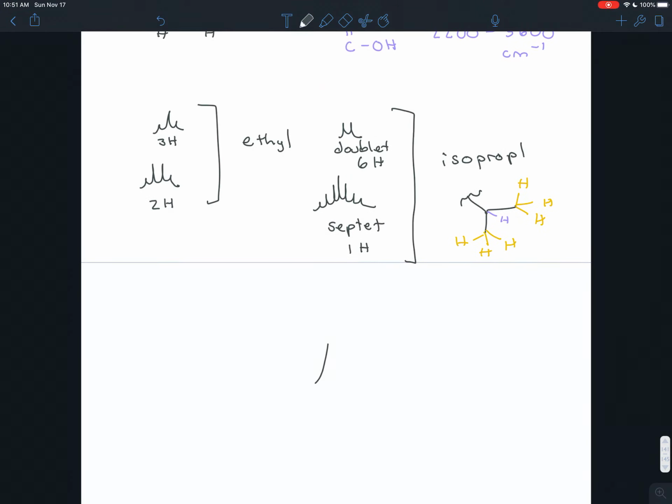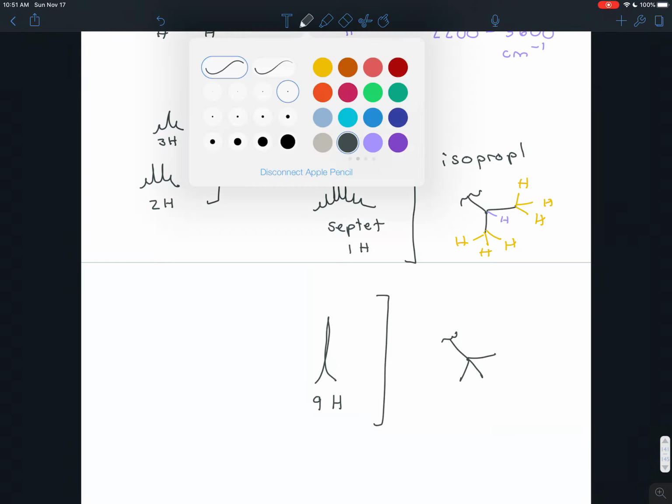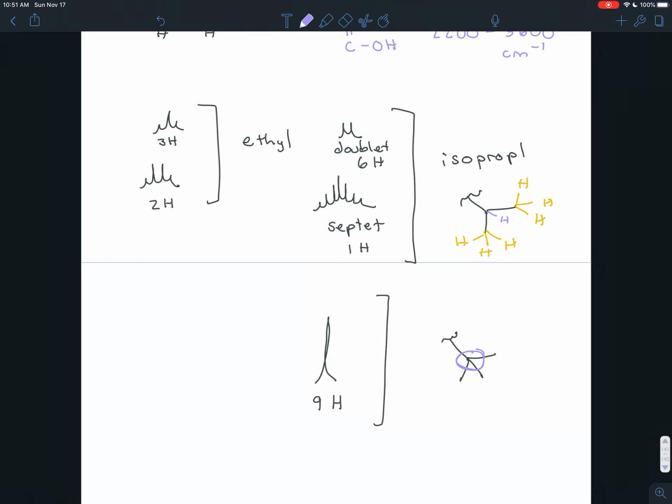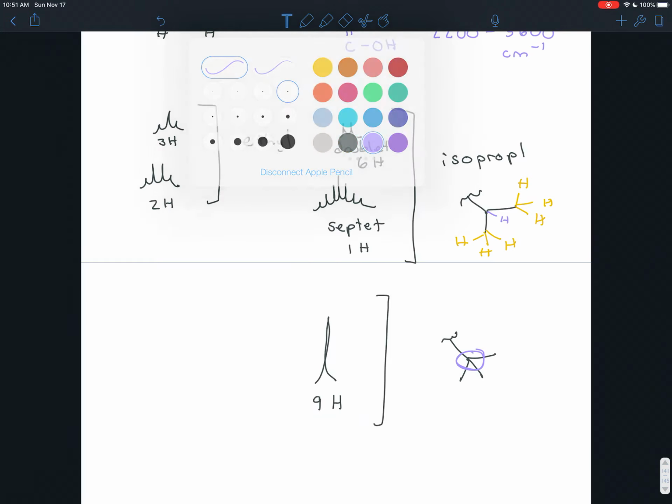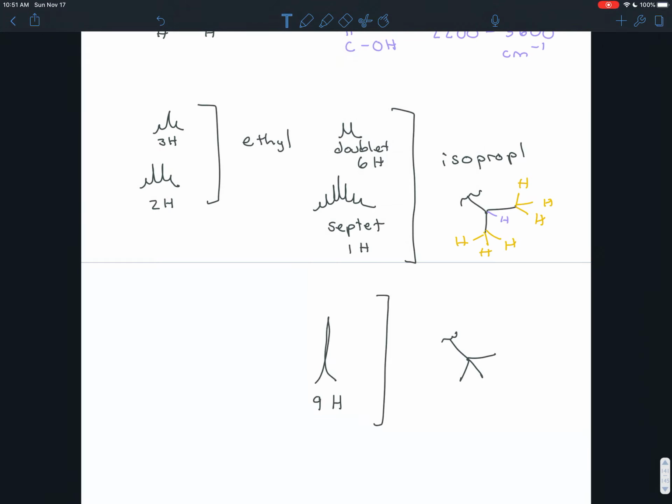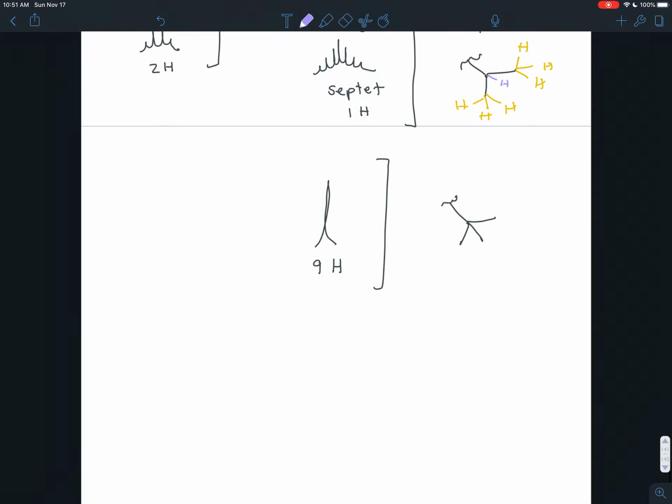And the other one you'd want to be familiar with is just one singlet with an integration of 9 hydrogens. That is a tert-butyl group. So that's 3 methyl groups branching off of 1 carbon as a branch. Because there are no hydrogens on this middle one, and there are 9 hydrogens on these end methyl groups.